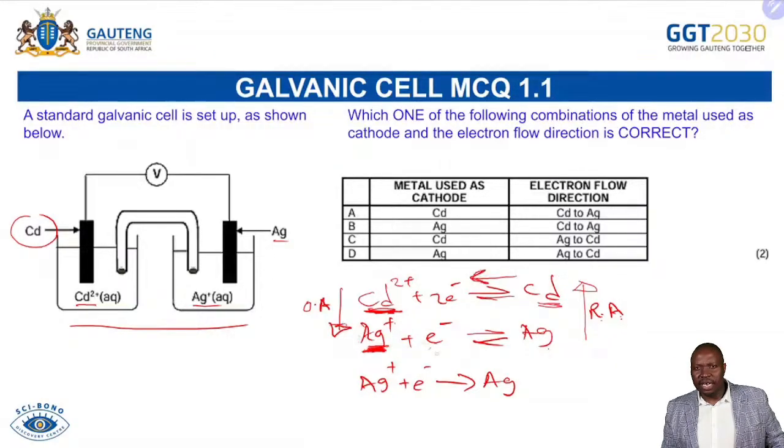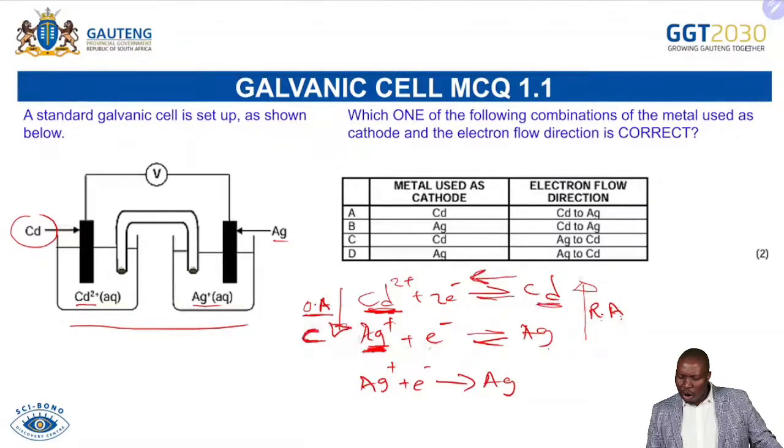And where electrons are gained, this arrow is showing you the strongest oxidizing agent and the reaction at the cathode. This is the reaction at the cathode as you follow the arrow downwards. Now, as we go up, where we have reducing agent, we are saying cadmium, Cd, is a stronger reducing agent than Ag, silver. Hence, Cd, this one that is strong, is the one that will lose electrons.